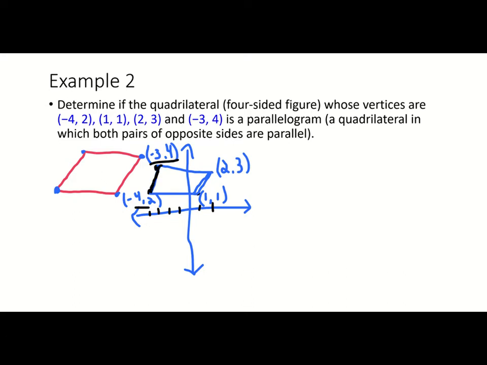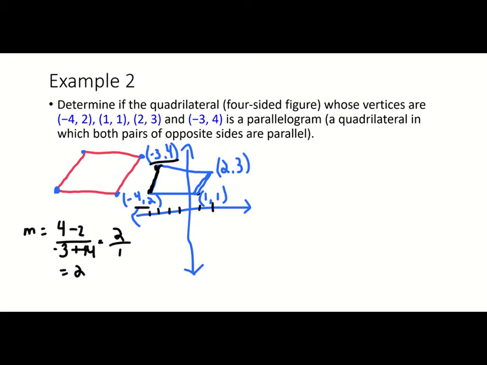So m is equal to 4 minus 2 over -3 minus -4. That's going to give me a slope of 2 over plus a positive 1, or 2.